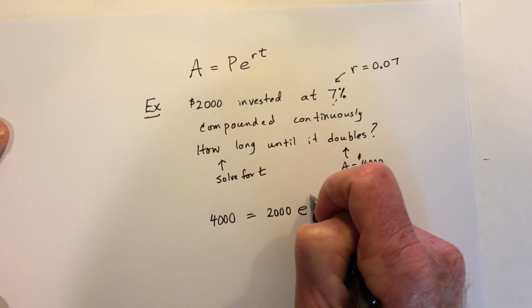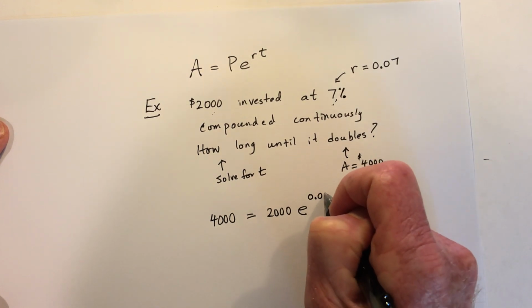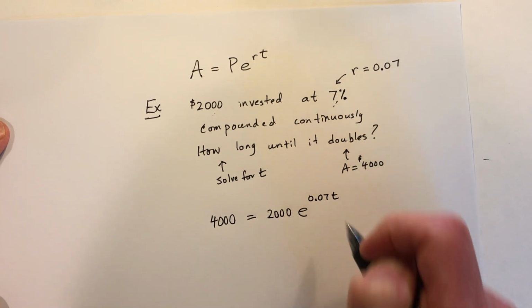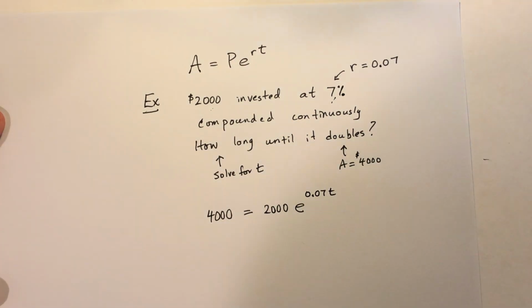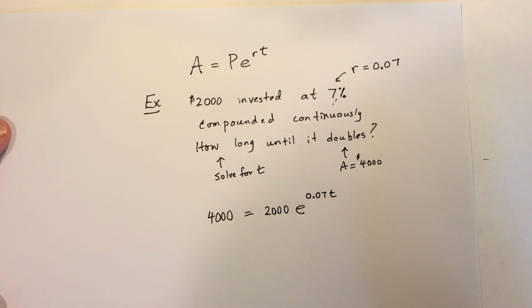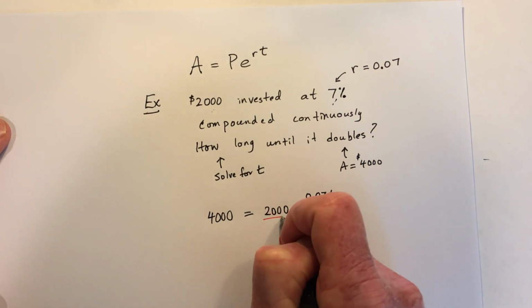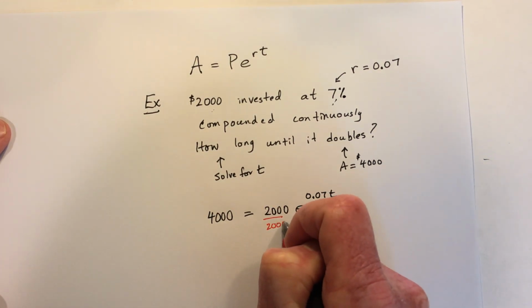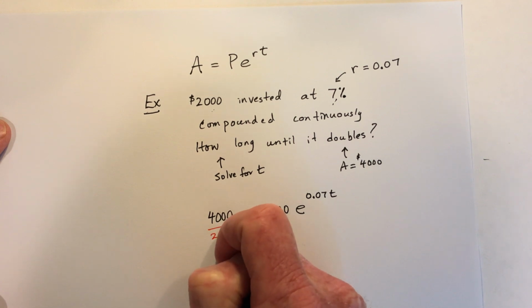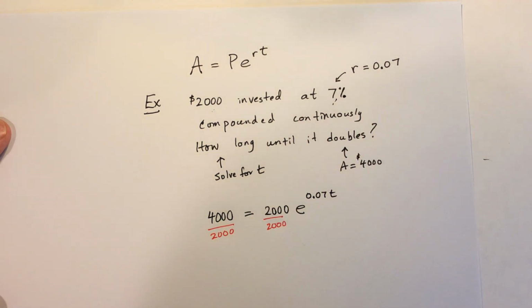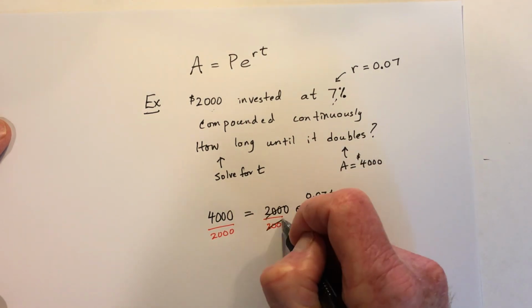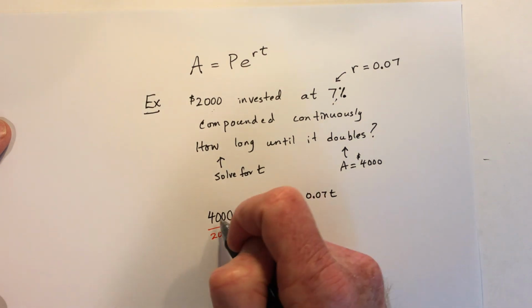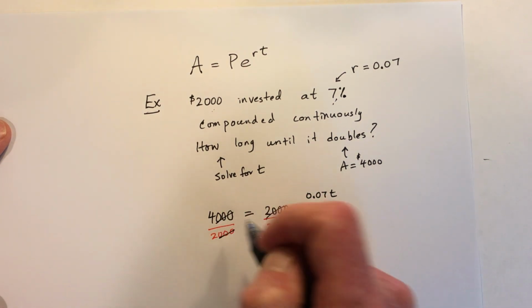And then put the e, and the R is 0.07, and then times t. And then solve for t. So you just divide by 2,000 and divide by 2,000. On the right side, these cancel. On the left side, 3 zeros will cancel 3 zeros.